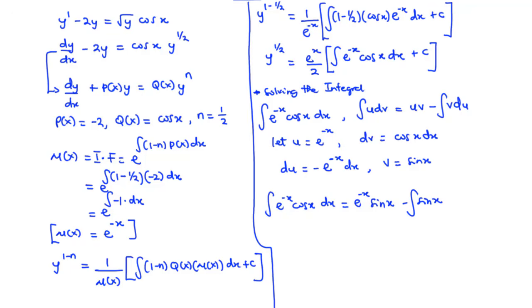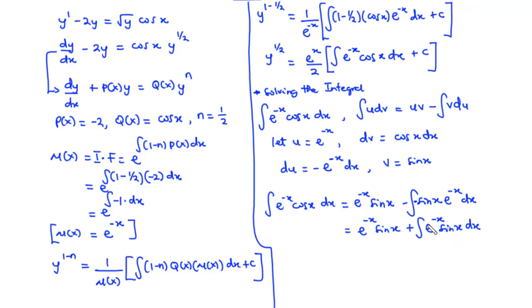We have du to be negative e to the power negative x dx. So this becomes e to the power negative x times sin x, negative negative, plus the integral of e to the power negative x sin x dx. Now at this point, we still have the integral of e to the power negative x times sin x dx.